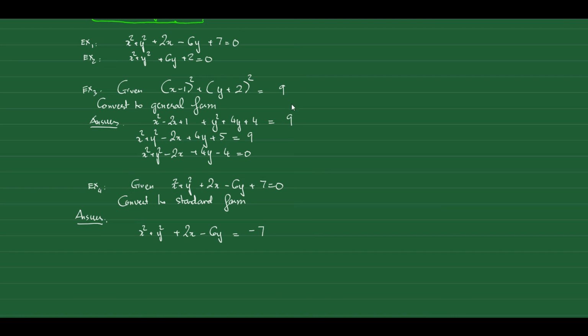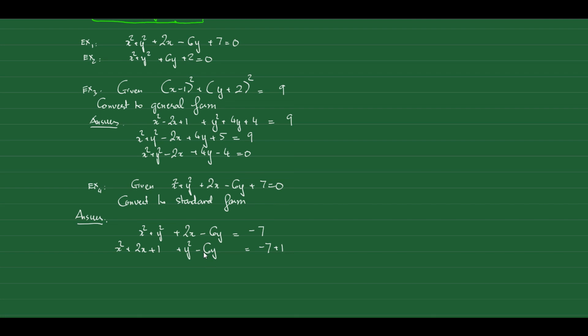Then you rearrange, you gather all the x terms together. Then look at this. To complete the square, you remember you take the number in front of the x, you divide it by 2. So 2 divided by 2 gives you 1. Then you square it, so 1 squared gives you 1. So you're going to add 1 over here and 1 here. The same thing over here.